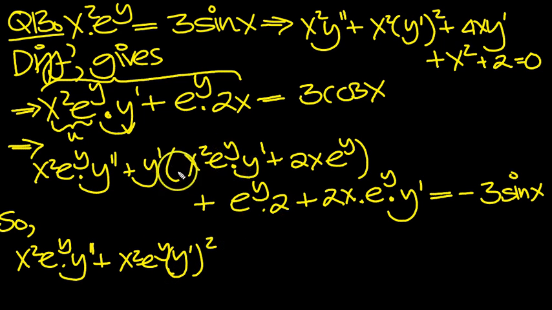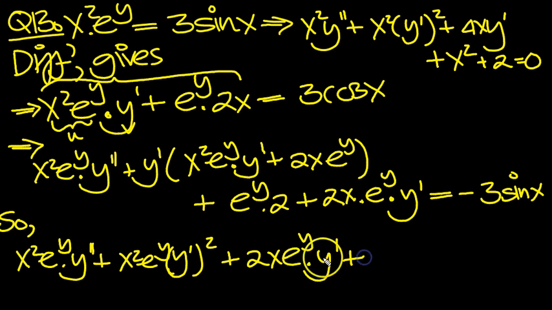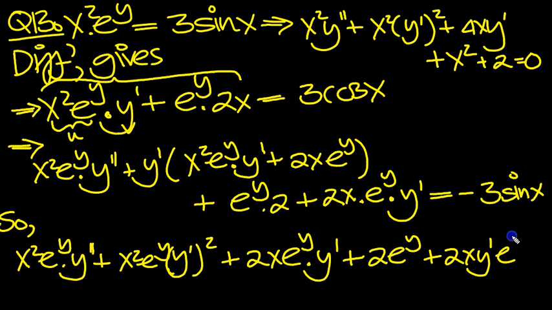Squared, that's that term there, plus 2x e to the y times y dashed plus 2 e to the y plus 2x y dashed e to the y is equal to.